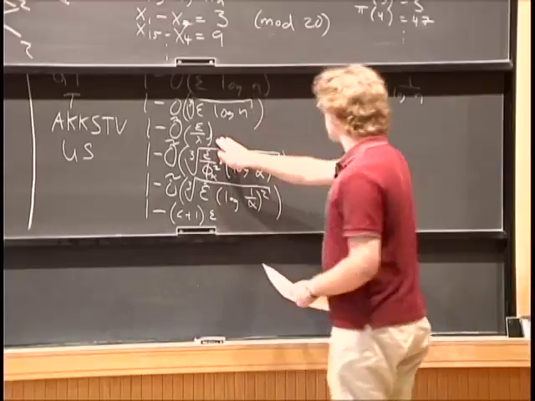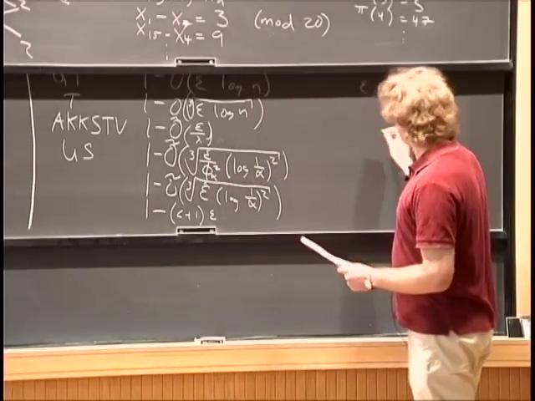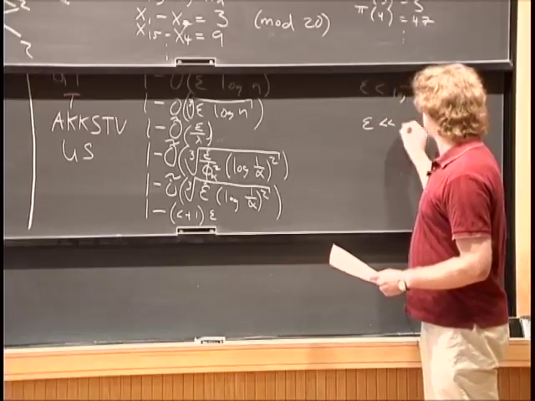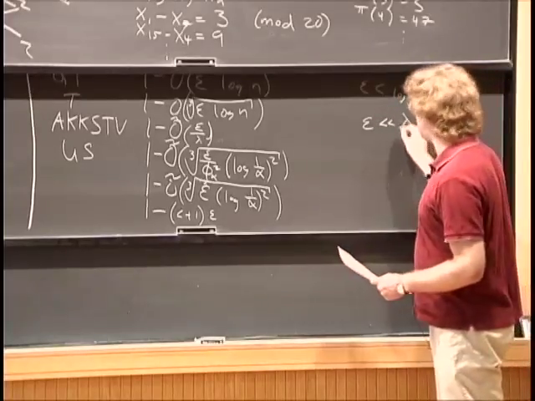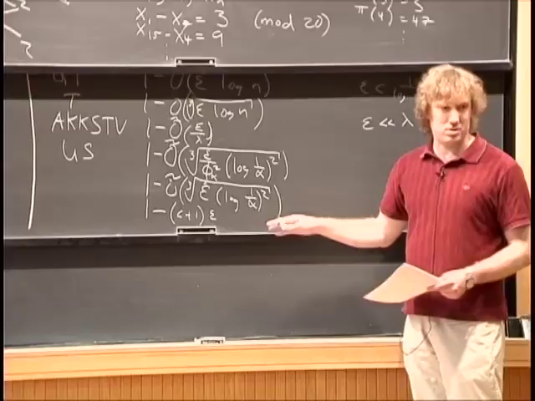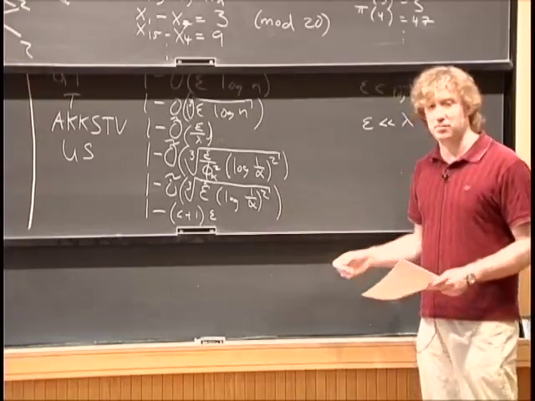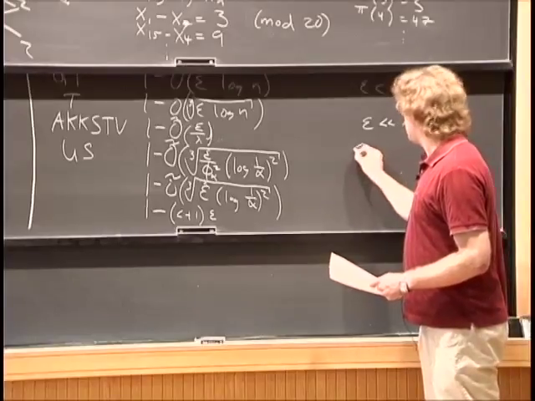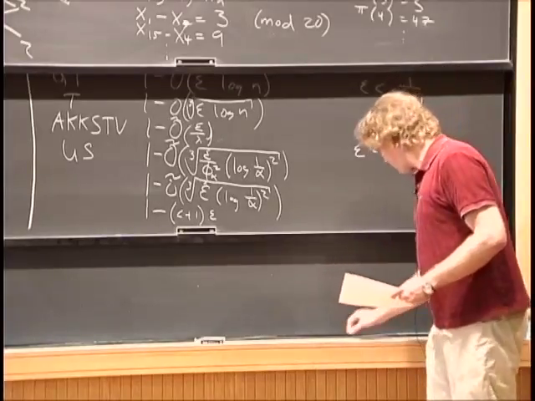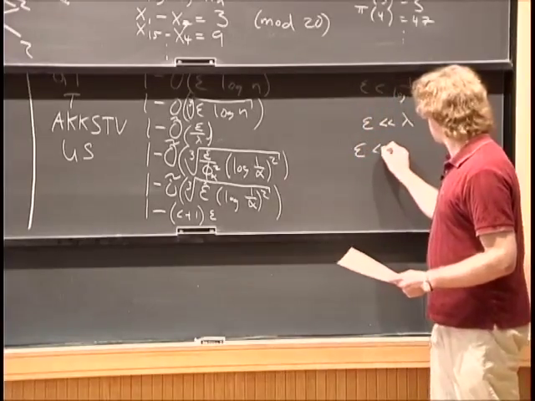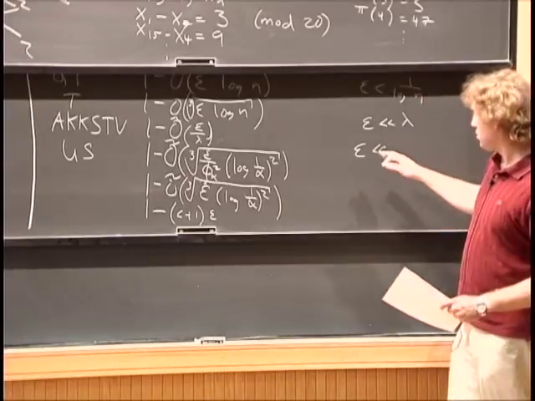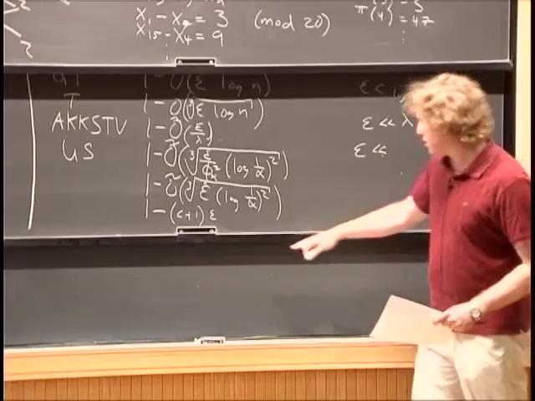So in this case, this is interesting when epsilon is significantly less than lambda. Since I'm leaving off log terms, it has to be enough less. What's the second term? 1 minus what? C plus 1 epsilon? Yes.